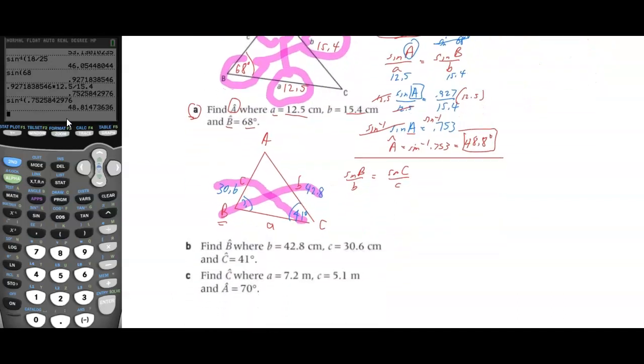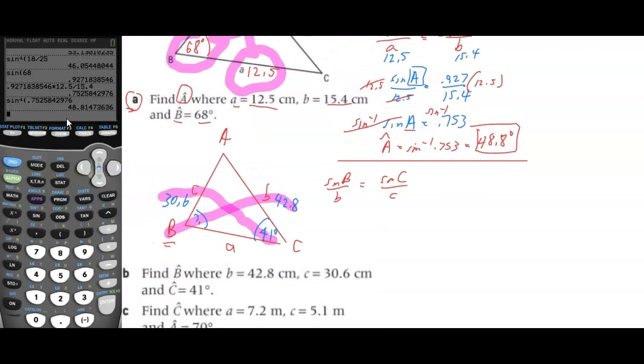And now we'll substitute everything in. Sine of big B, we can't simplify that because we don't know what B is yet. Sine of capital C, we can simplify that to sine of 41 degrees. Little b, we can substitute in 42.8, and little c, we can substitute in 30.6.